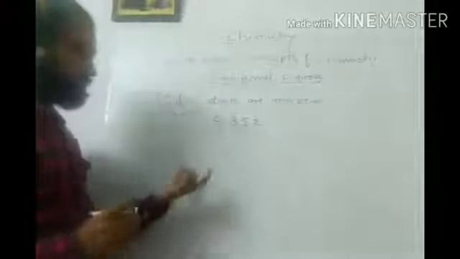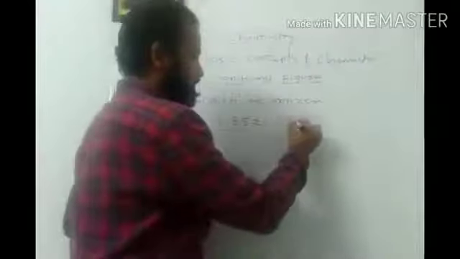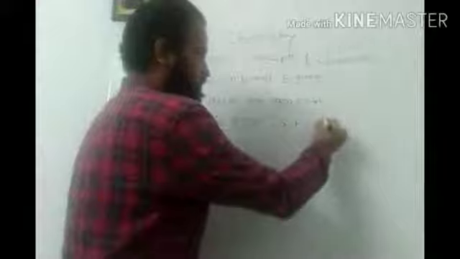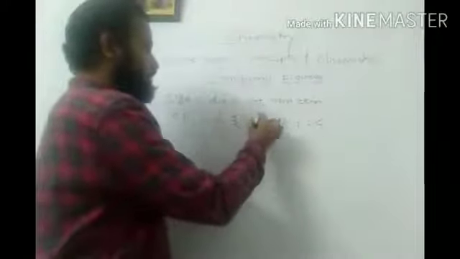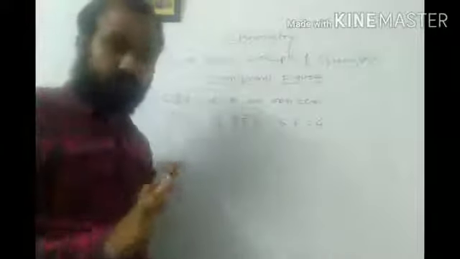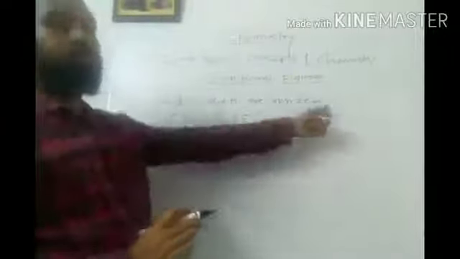In this number, all digits are non-zero digits. The short form of significant figure can be written as s.f., which is equal to 4. Just count the digits: 1, 2, 3 and 4. All four digits are non-zero, so according to the first rule, the significant figures are 4.